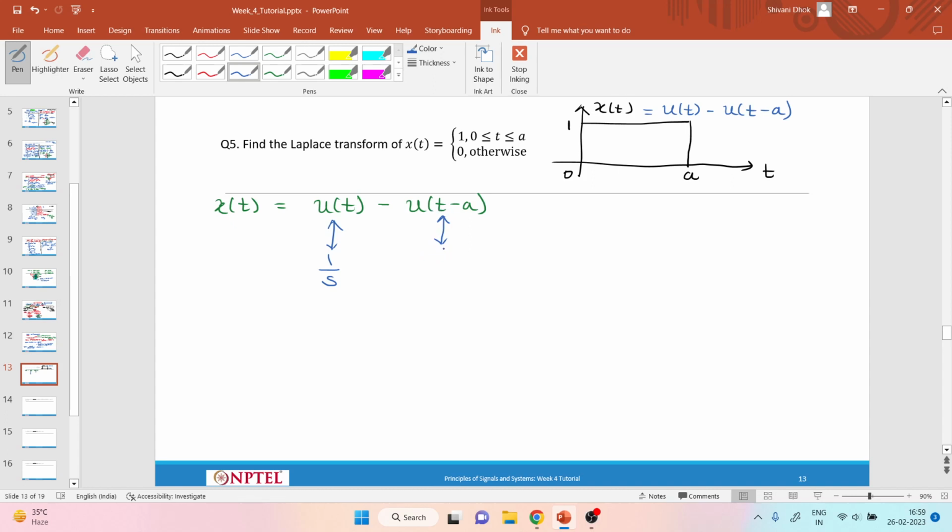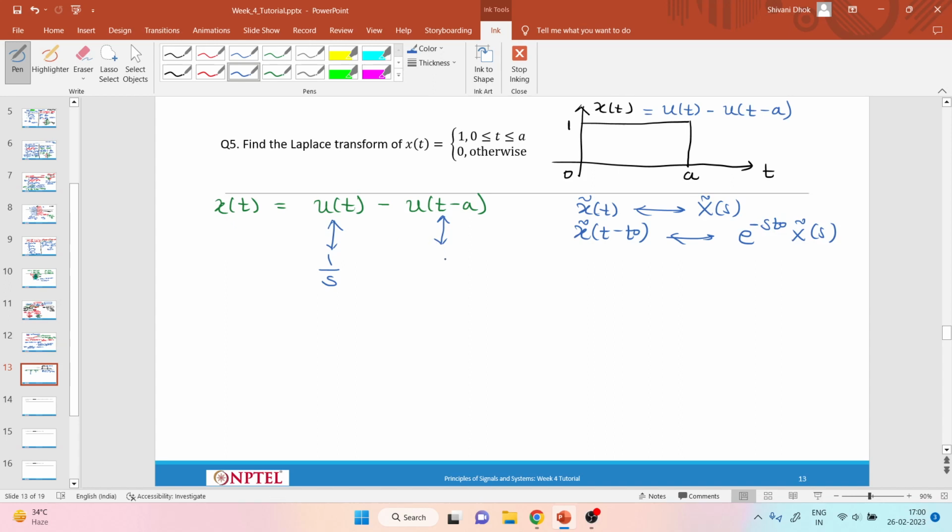So if I use the time shift property, what does it say? If my x of t has a Laplace transform, and let's say x tilde of t has a Laplace transform as x tilde of s, then if I shift it by some factor t naught, my Laplace transform will be scaled by a factor of e power minus s t naught times x tilde of s.